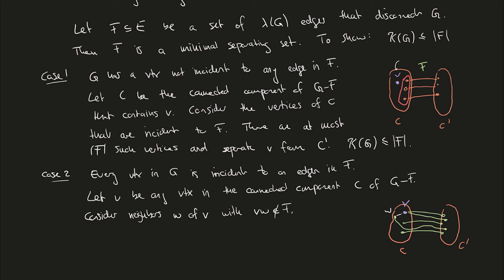Now, because there are no internal edges of F in the component C, we have at most one neighbor W of V for each edge in F.